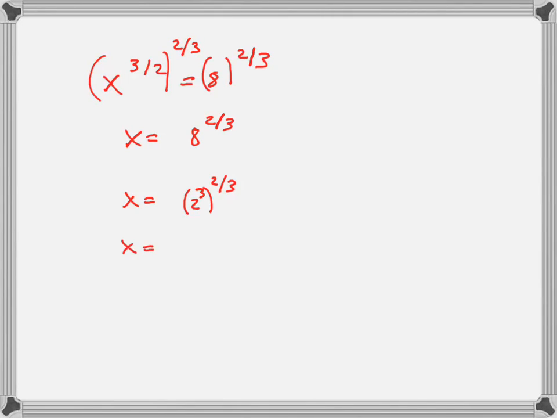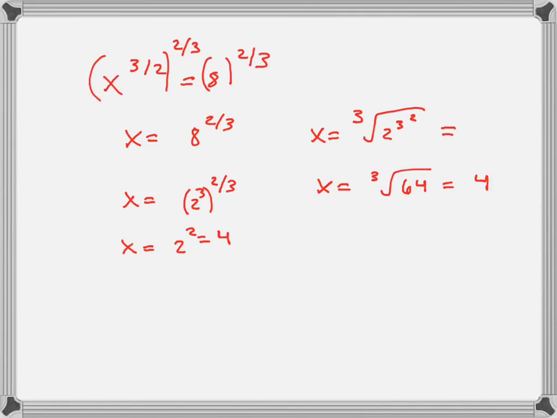So then we just get that x is equal to 2 squared, which equals 4. And if we try it the other way, x equals the 3rd root of 2 to the 3rd, squared. We also get that this equals the 3rd root of 64, which equals 4, right?